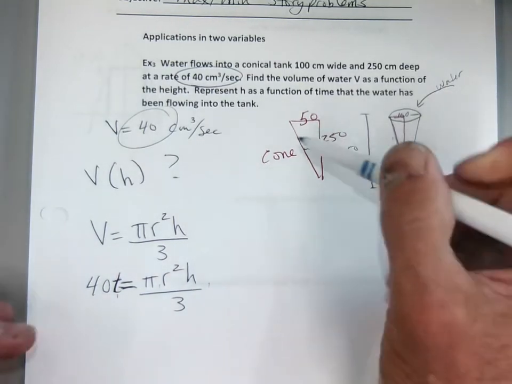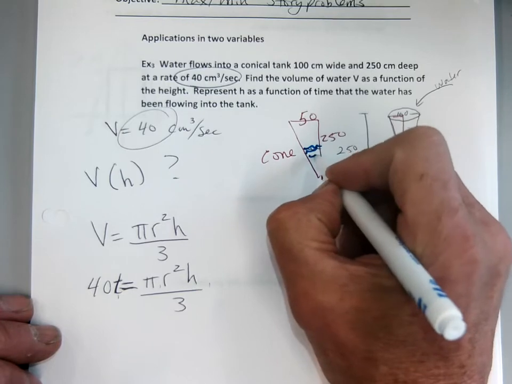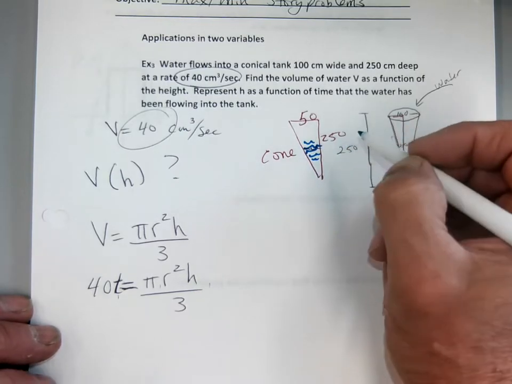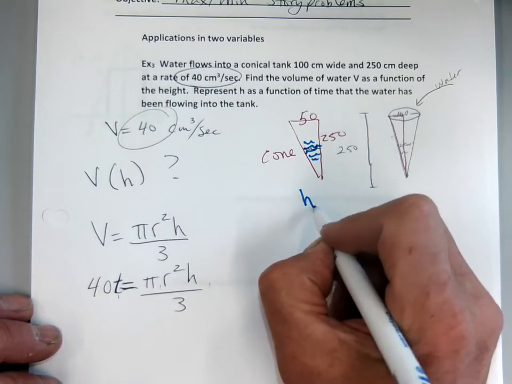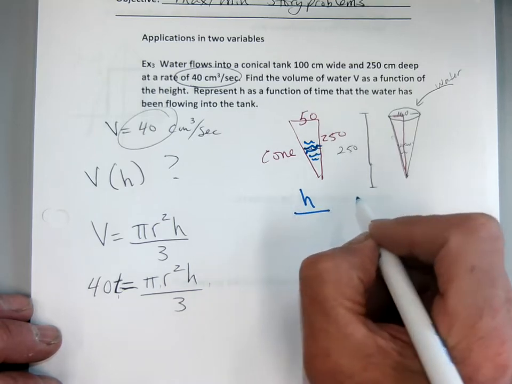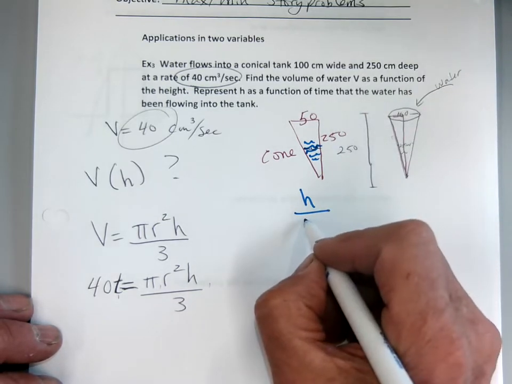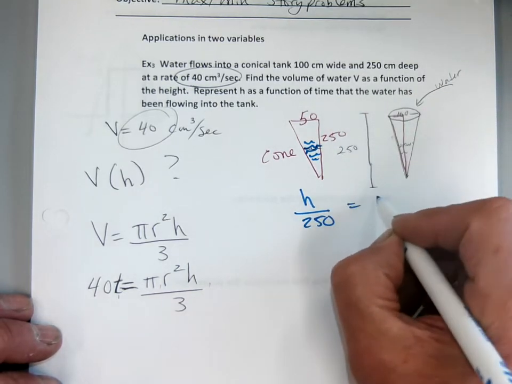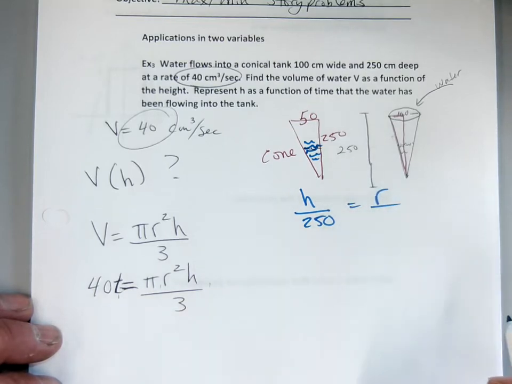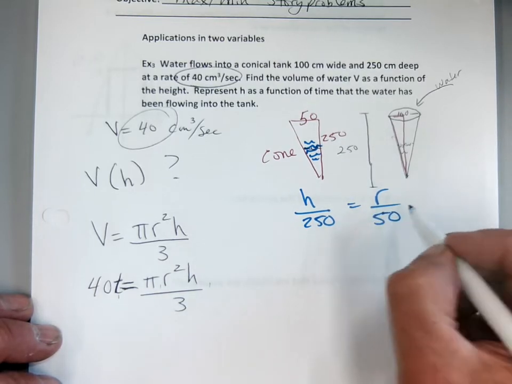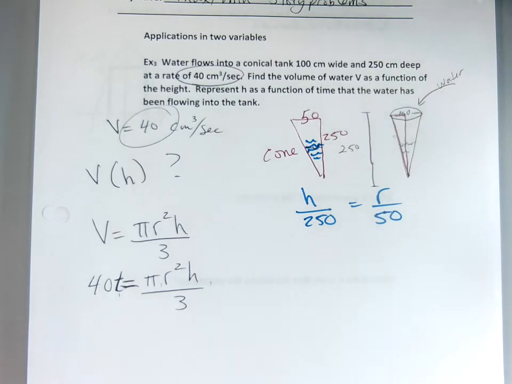The water going in is changing, but the height of the water goes to the height of the cone as the radius of the water goes to the radius of the cone. We learned about similar triangles in geometry. It's the exact same shape. The shape of the cone and the shape of the water are the same.